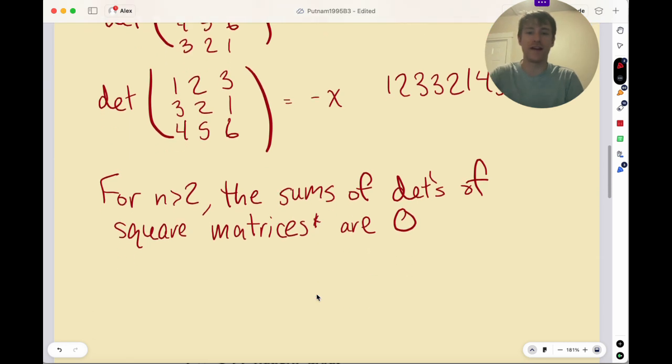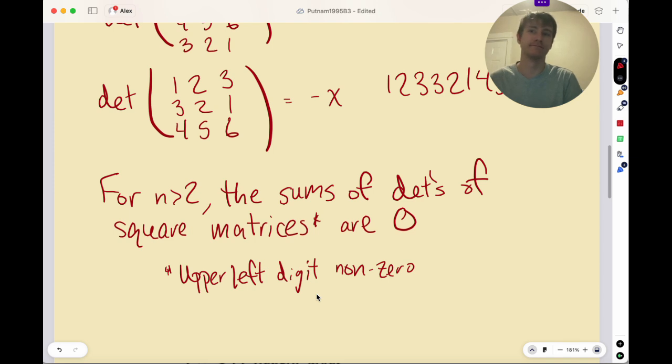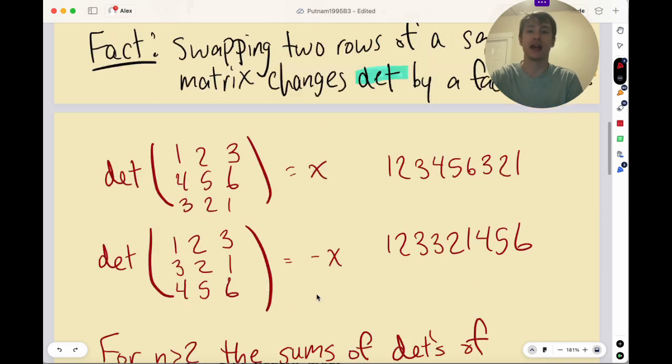And of course what that caveat is just, the upper left digit is non-zero. I mean, you could have something like 3, 0, 4, 5, et cetera, but you just can't have a 0 in that first place, is what that problem was saying.